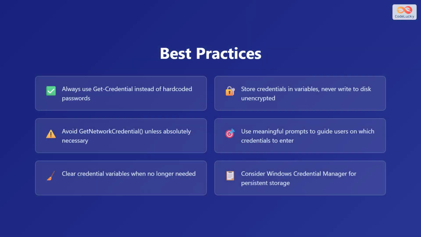To wrap up, let's review the essential best practices for credential management. Always use Get-Credential instead of hard-coding passwords in your scripts. Store credential objects in variables, but never write them to disk in unencrypted format. Avoid using the GetNetworkCredential method to extract plain text passwords unless you have a compelling reason and understand the security implications.